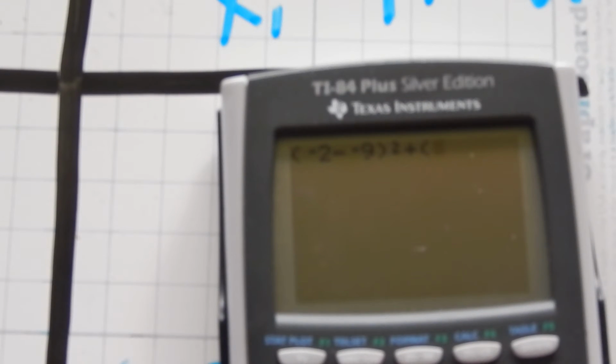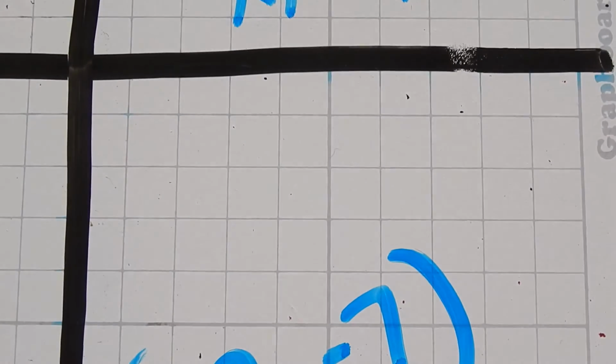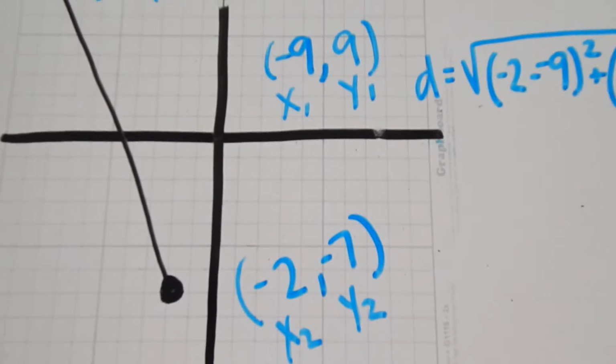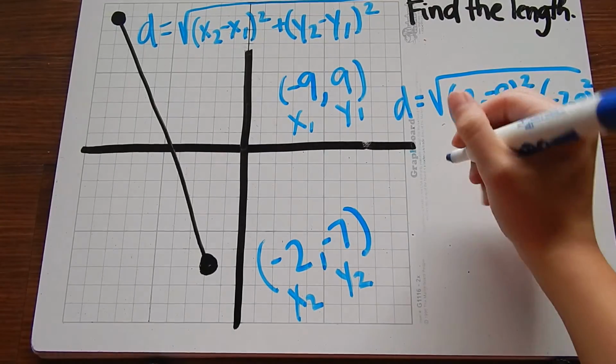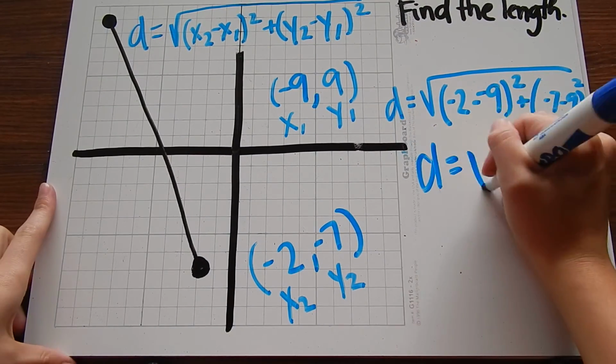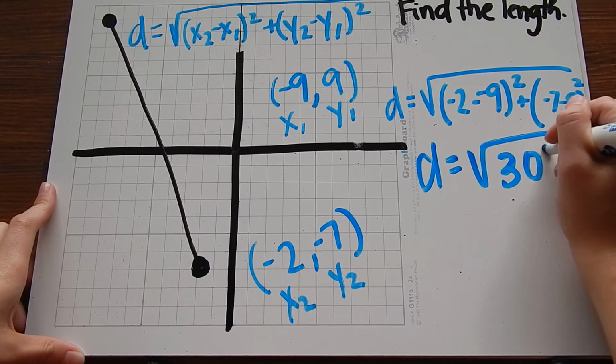Plus parentheses, -7 minus 9, close parentheses, squared. And enter, and I get 305. And I will zoom back out.